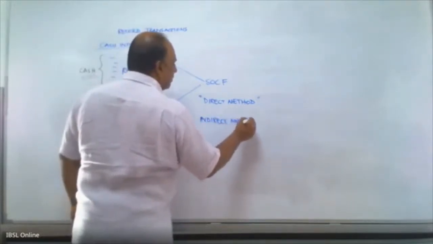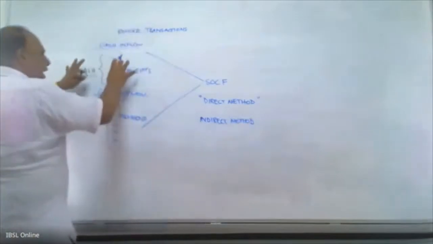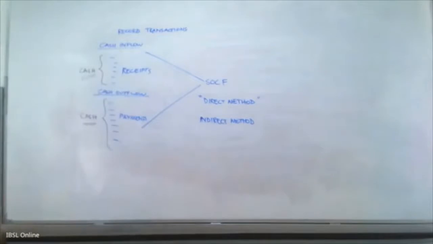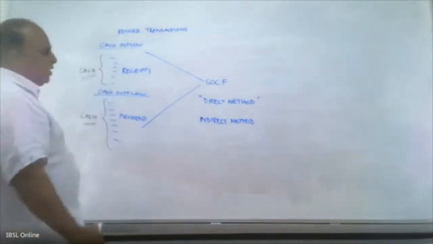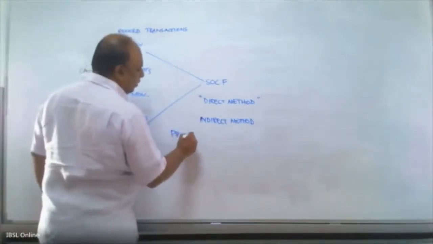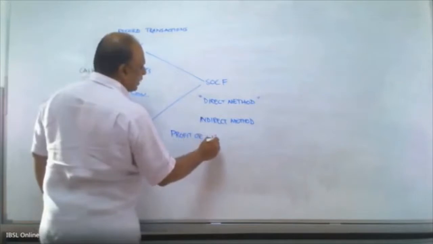Indirect method means we don't consider the actual receipts of cash and payments. Instead, we start with the profit or loss of the company.